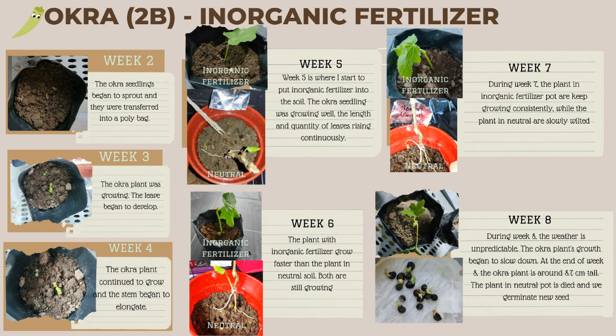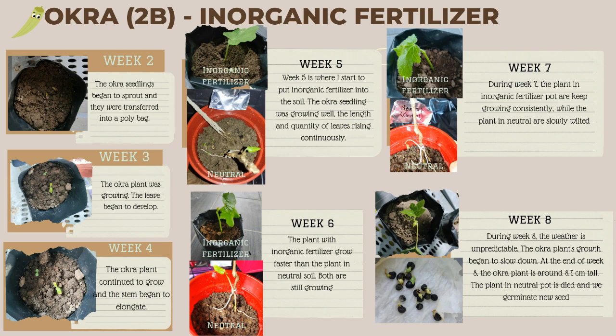In week 4, the okra plant continued to grow and the stem began to elongate. In week 5 is where I started to put the inorganic fertilizer into the soil. The okra seedling was growing well, and the length and quantity of leaves rose continuously.